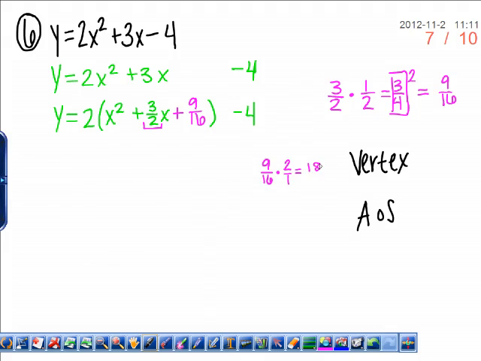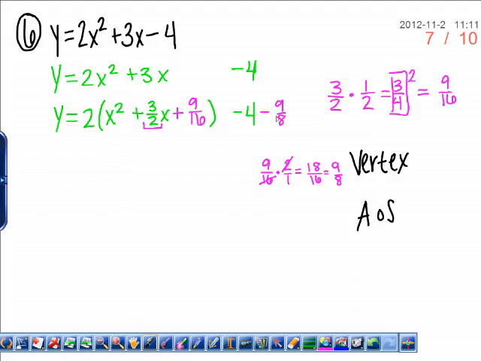I get 18 over 16, which reduces to 9/8. So I've really added in 9/8. So what do I need to subtract? 9/8. Well, that works because this 2 and this 16 cancel and reduce.